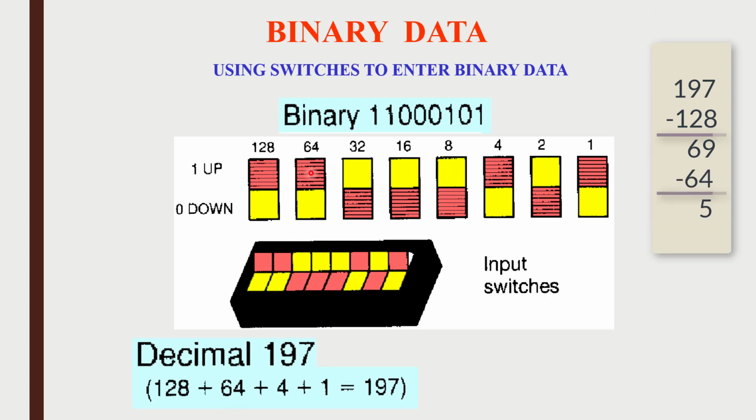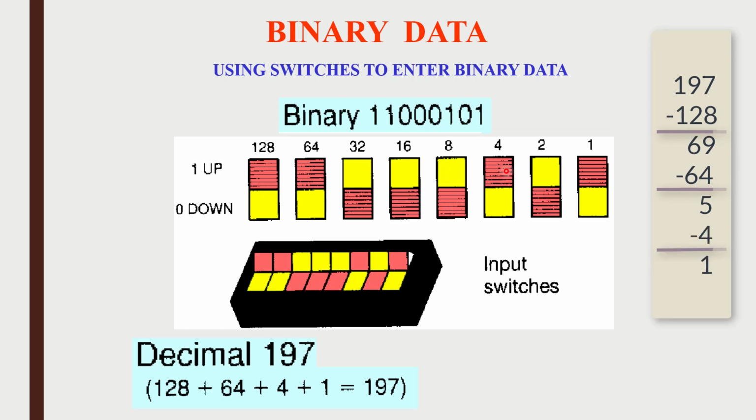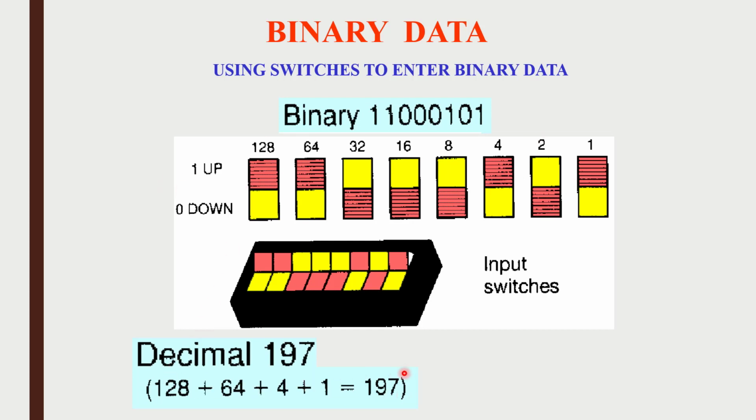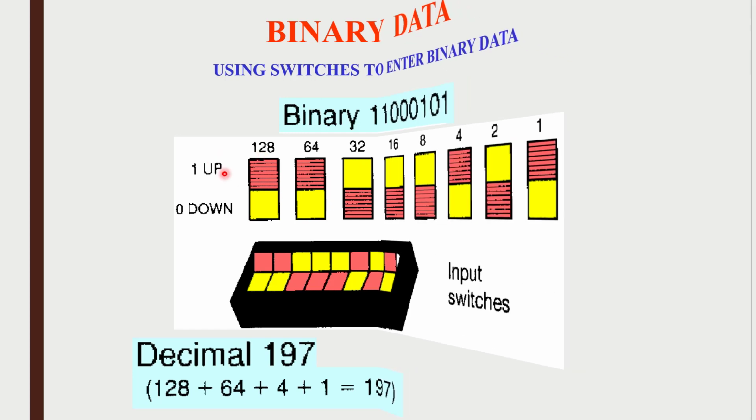Subtracting 64 from that, will 32 go into it? No. So I have to leave this down. Will 16 go into it? No. Will 8 go into it? No. Will 4 go into it? Yes. How about 2? No. 1? Yes. So it is represented this way by whether or not these columns will contain the remainder or not.